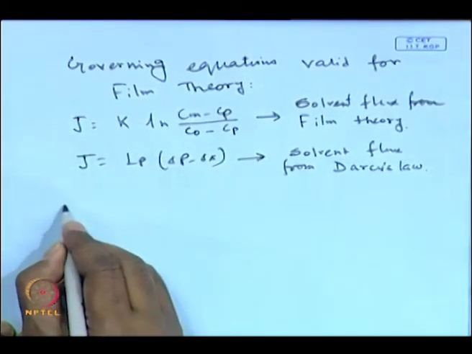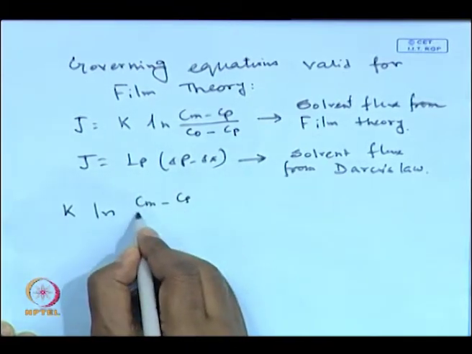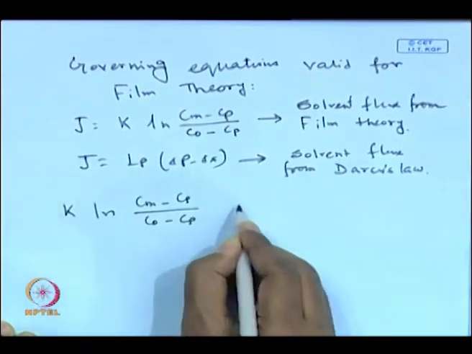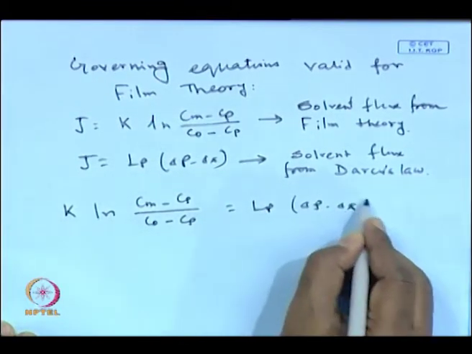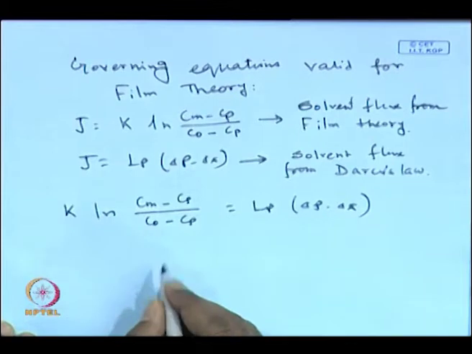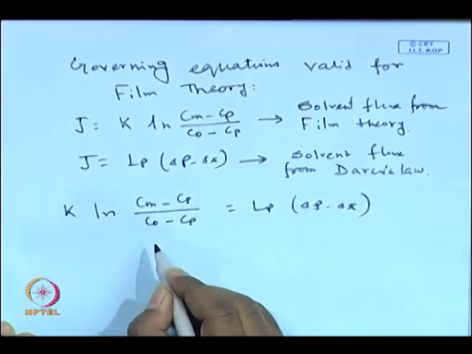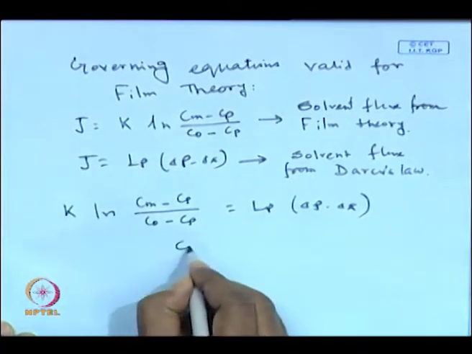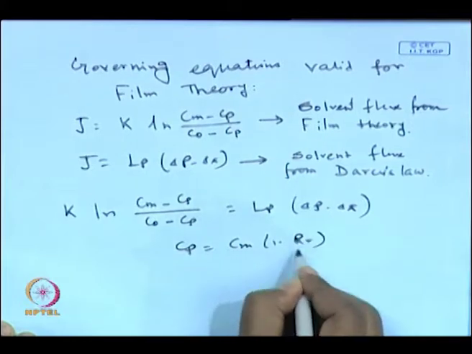So, it becomes K ln Cm minus Cp divided by C naught minus Cp is equal to Lp times delta p minus delta pi, right. Now, we will replace Cp in favor of Cm in terms of the definition of real retention. So, Cp is nothing but Cm into 1 minus Rr.